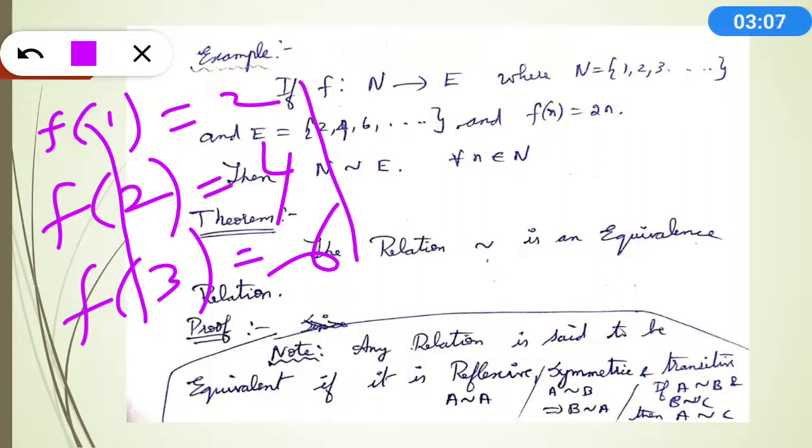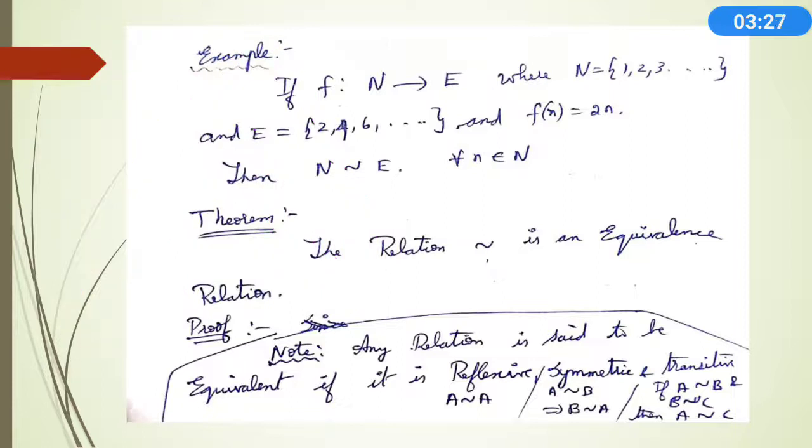For every element in my domain, the image is distinct, and every element in the codomain, this 2, 4, 6, has pre-images. Therefore, this is one-to-one as well as onto.